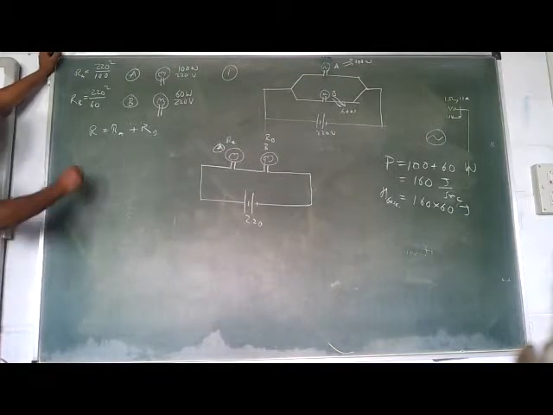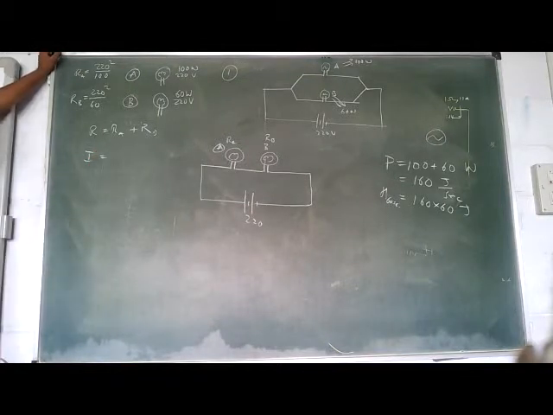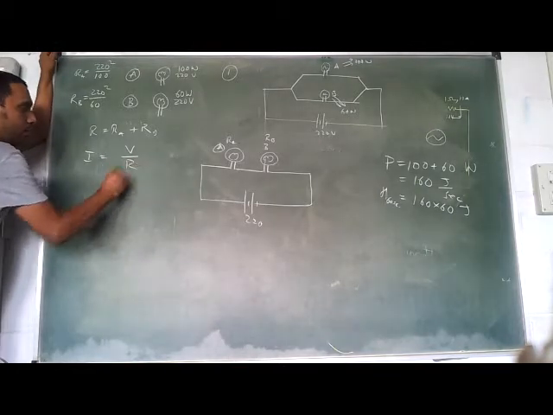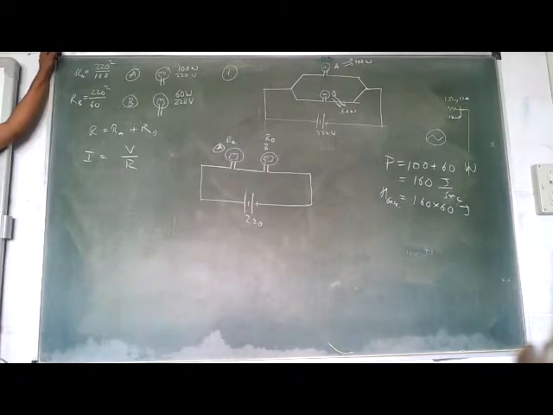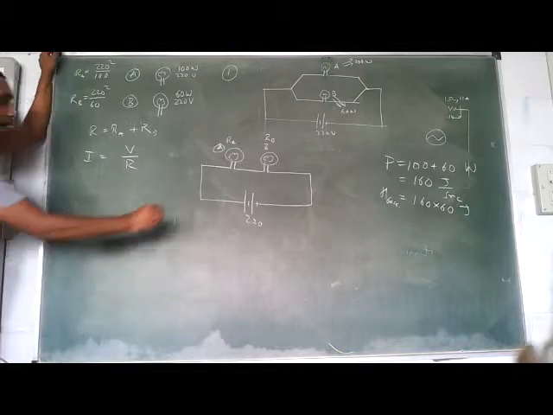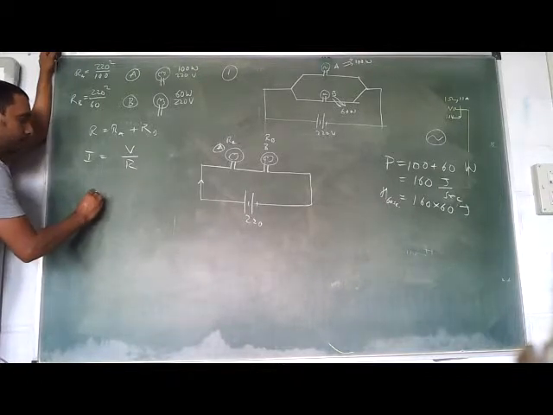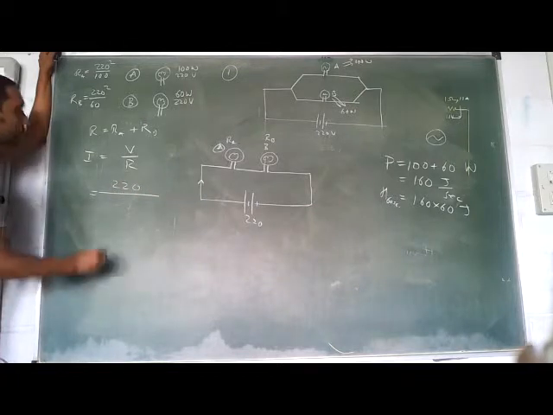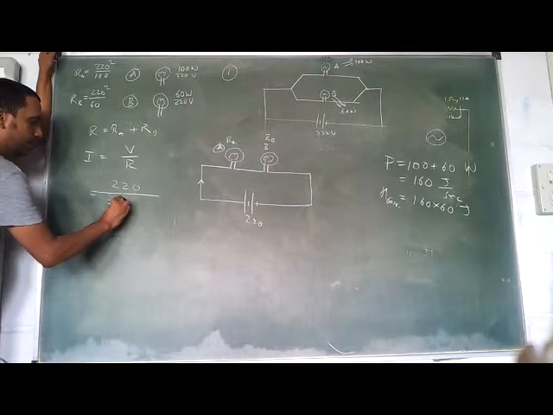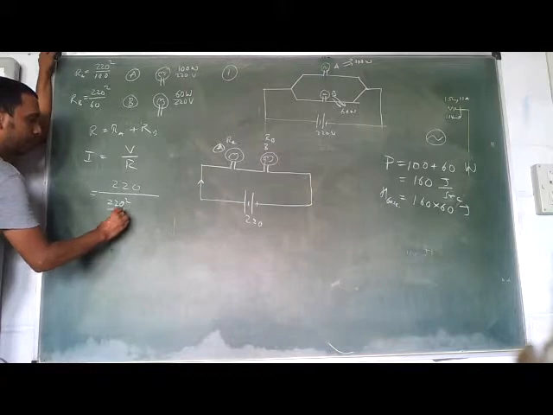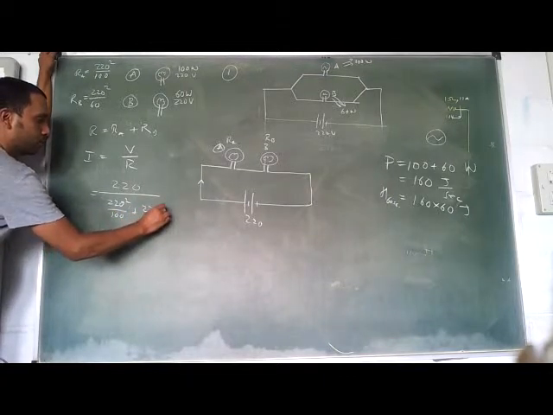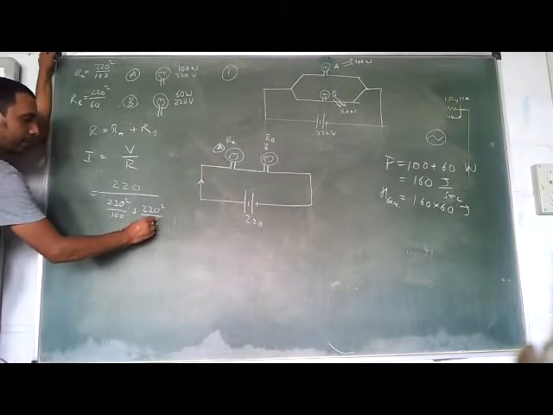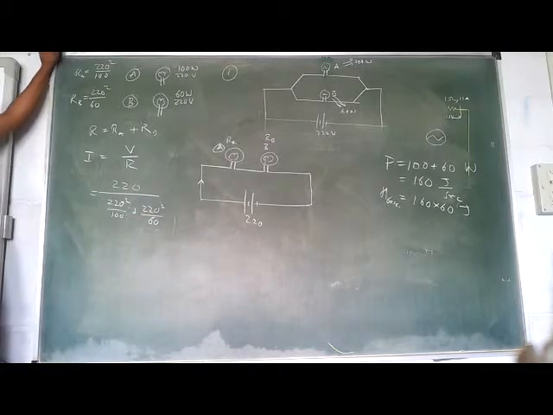So the current flowing is equal to V divided by R, right? So the current coming out of the battery is 220 divided by 220 square divided by 100 plus 220 square divided by 60. Is it clear? At least 220 gets cancelled.